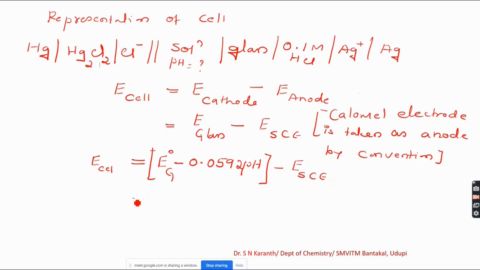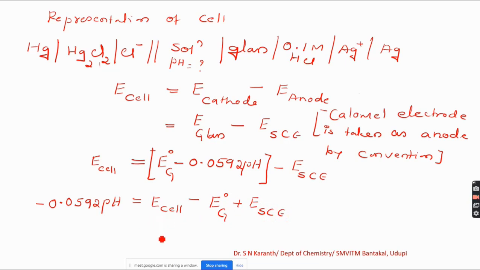Our intention is to arrive at the pH of the solution. I'll take these terms to the left side. Minus 0.0592 pH equals E cell minus E naught G plus E standard calomel electrode, because E naught G comes to the left side.